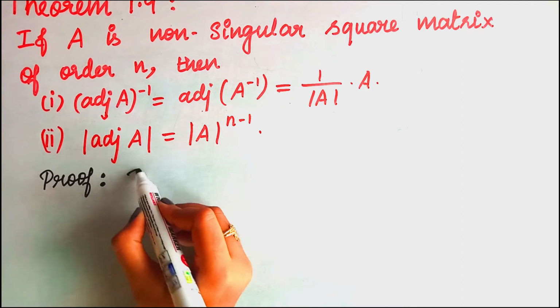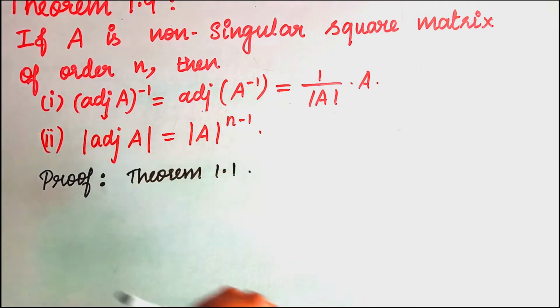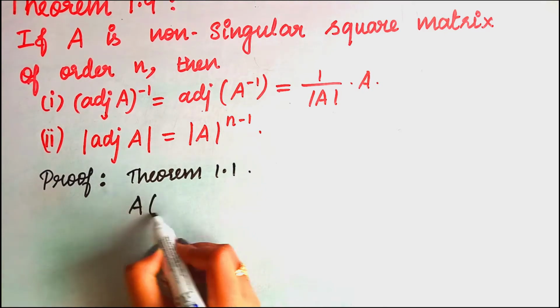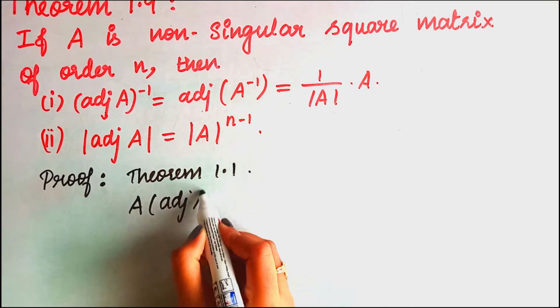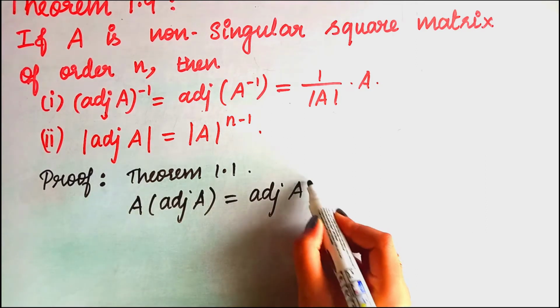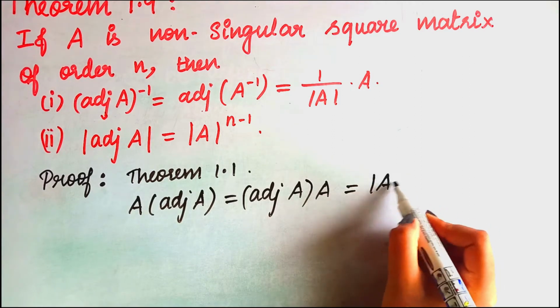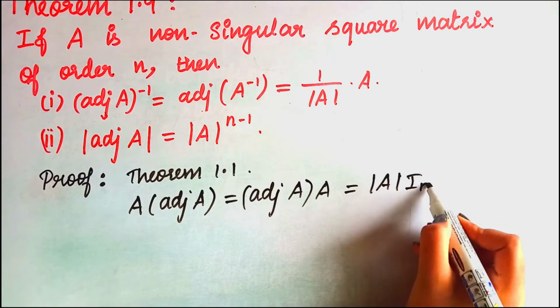So here by theorem 1.1 we are going to take a formula which is A into adjoint A equal to adjoint A into A is equal to determinant of A into In.